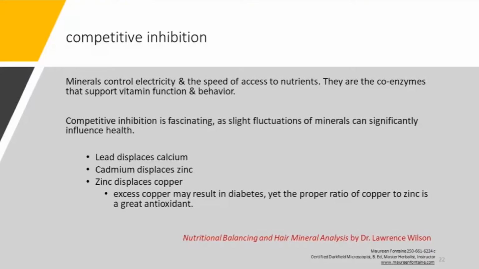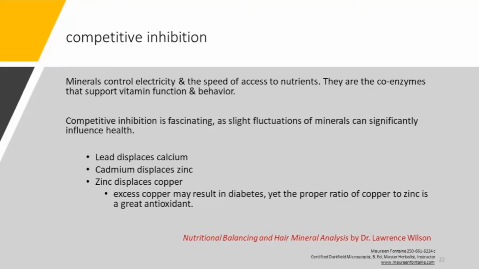So I wanted to talk about something called competitive inhibition. So we've talked about how minerals control electricity and the speed of access to nutrients, and that minerals are the coenzymes that support vitamin function and behavior. So competitive inhibition is, I find, truly fascinating. And this is a really big study at the college in one of my classes.